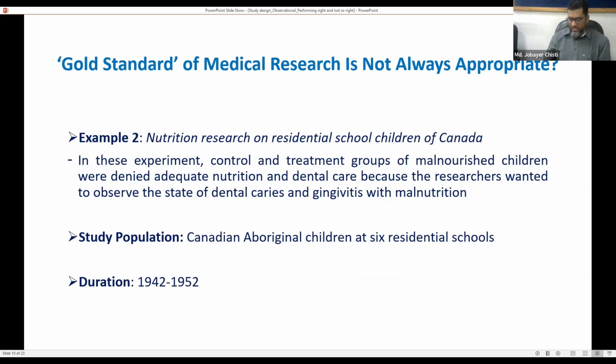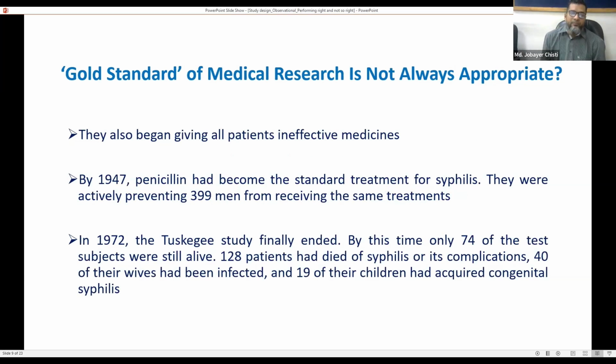That means although it was a randomized trial from the very beginning, it was not done in an ethical way, it was not done in the right way, and by this time a lot of consequences had occurred. As it was the early stage of research, ethics boards were not so strong, but nowadays the ethical board is very strong, and this kind of research would never be possible in any part of the world now.